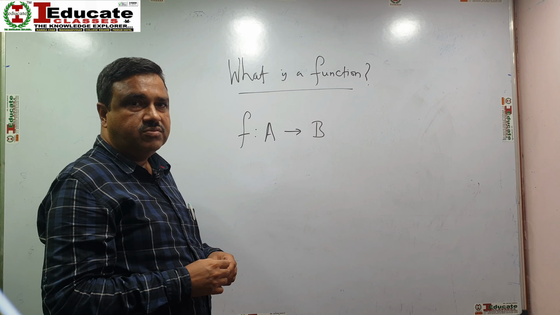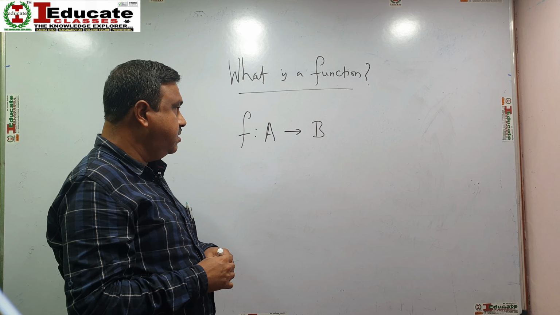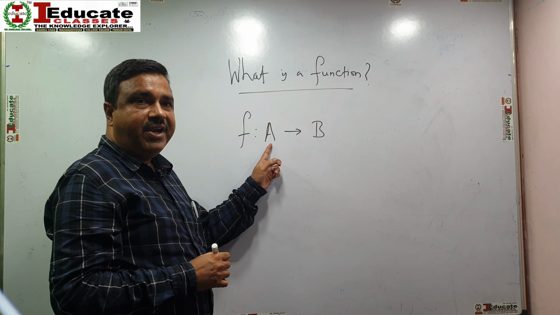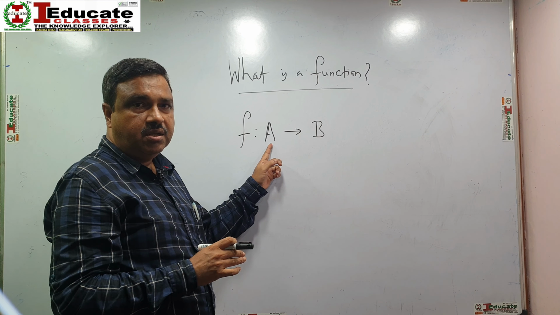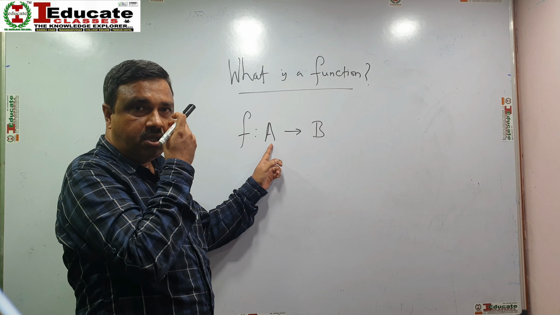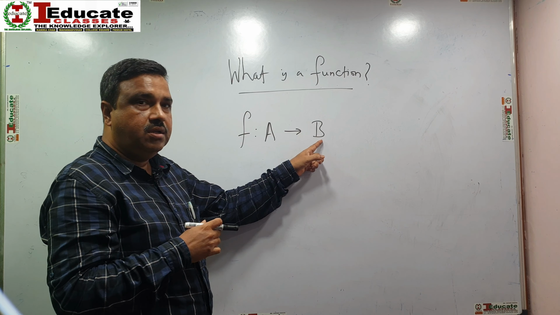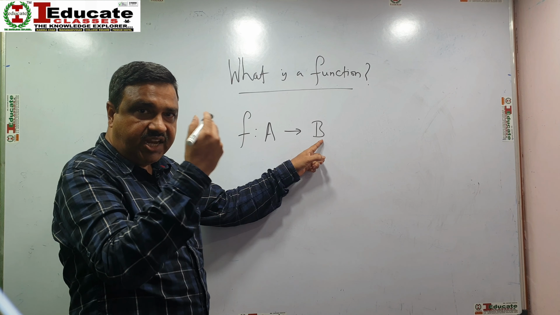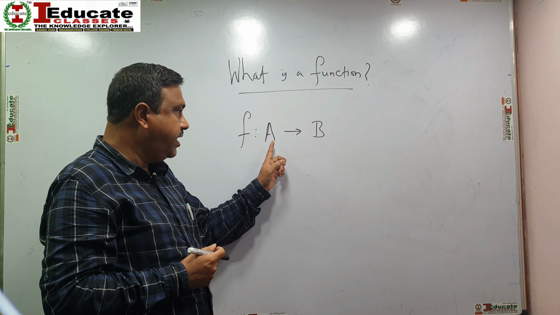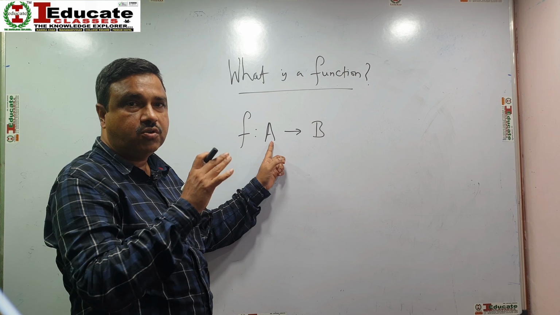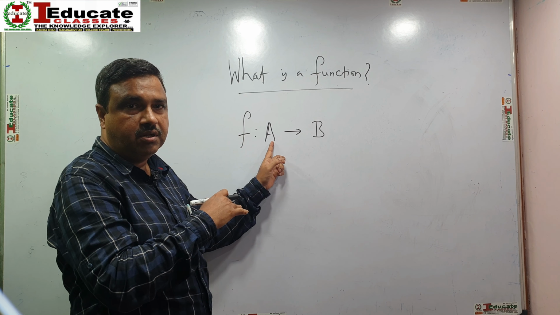Now the first rule is every element of this set must have some image in the set B. Every element of this set, which is called the domain of the function.